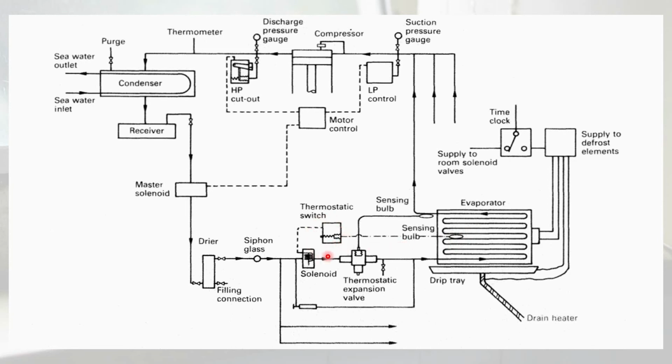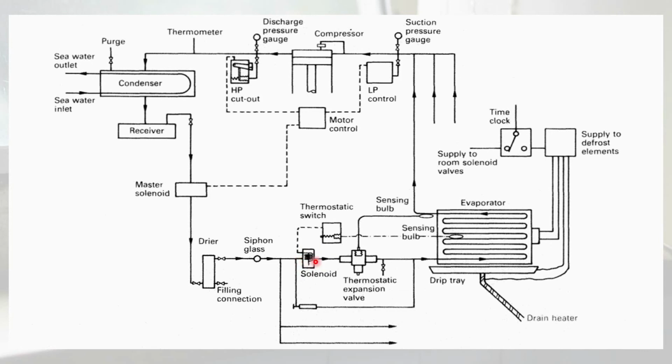And this thermostatic switch again sends a signal to the solenoid valve, which opens and closes according to the signal received. For example, in this case, the temperature raised from minus 4 to minus 3 degrees. Then the thermostatic switch is triggered, and this triggered switch sends a signal to the solenoid valve, and then the solenoid valve is operated to the open condition.